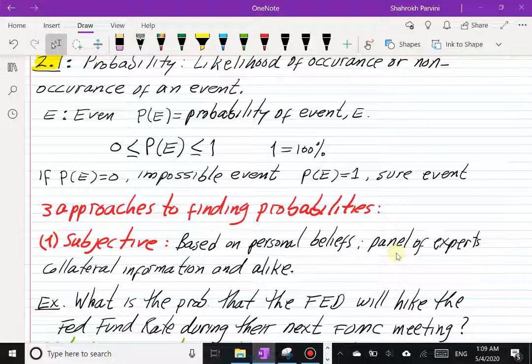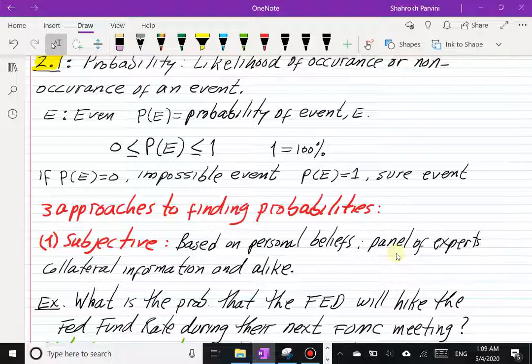Somebody may say, for sure, they're not going to raise the rates because of the current environment we are in. So that would be a sure event, 100%. That's just a subjective opinion. Another economist may assess that same phenomenon with a different probability, maybe higher than 50%. And another economist may say, well, it's going to be about 75, 80%. So you kind of get an idea about this.